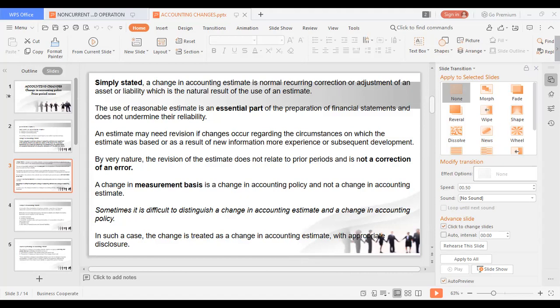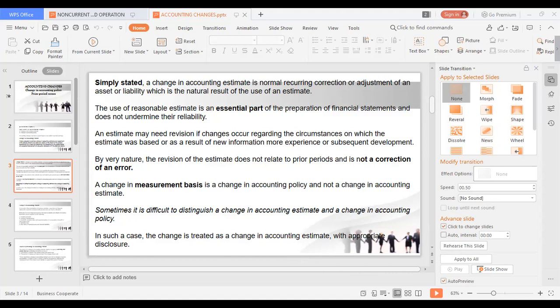So we have now the patent on January 1, 2015 with the original cost of 3 million, then the accumulated amortization since the life of the patent was estimated to be 10 years.